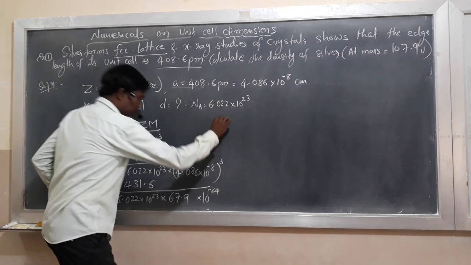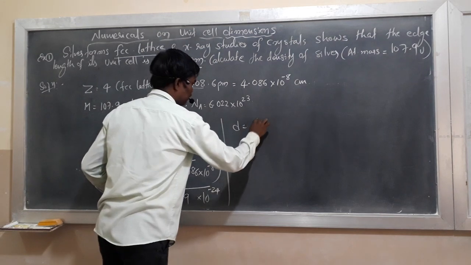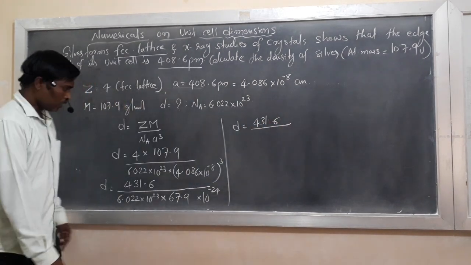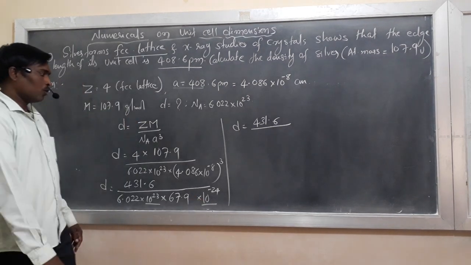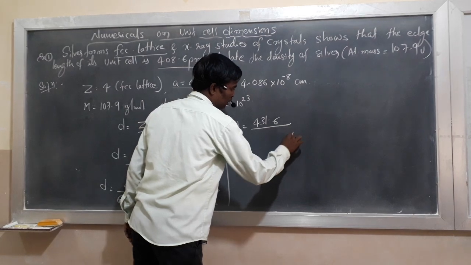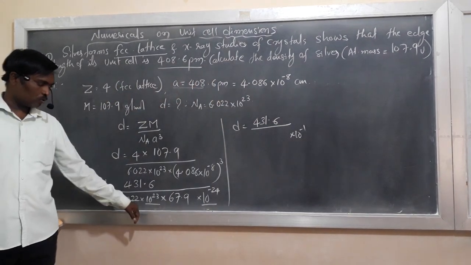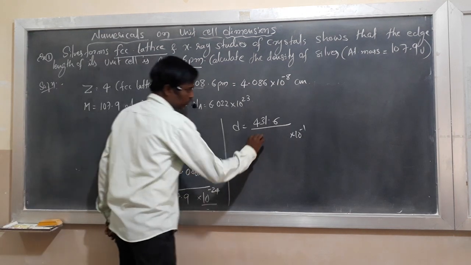Now D is equal to, in the numerator keep as it is, 431.6 divided by, now 10 raised to 23 and 10 raised to minus 24, only 10 raised to minus 1 remains, and 6.022 into 67.9, and we calculate that, we will get the answer as 409.01.